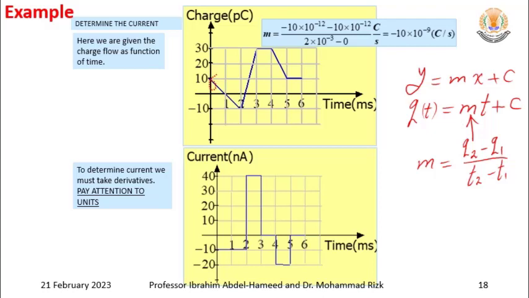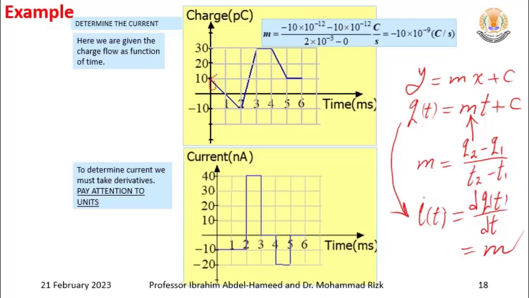Because if you would like to get the current from the charge, we agreed that i is dq over dt. According to this equation, if you differentiate, c is constant, m is a slope, and t is the variable. So you will get here m. So based on the value of m, you can get the current.